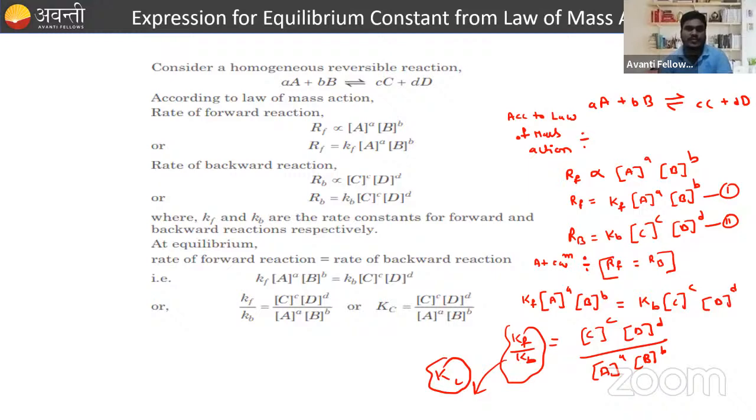You can find it like this only, right? That is, Kc is equal to Kf upon Kb, or [C]^c [D]^d upon [A]^a [B]^b. So this is how you can find the value of Kc. Okay, so this is the expression for the equilibrium constant from the law of mass action. I hope it is clear to you.